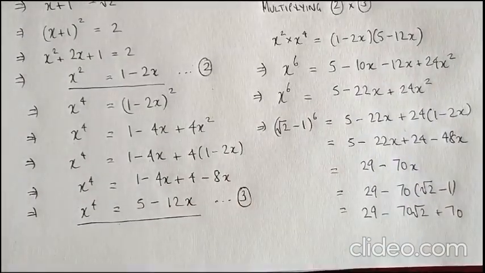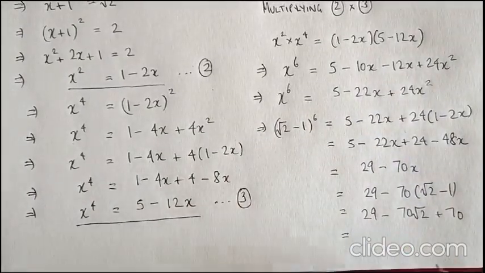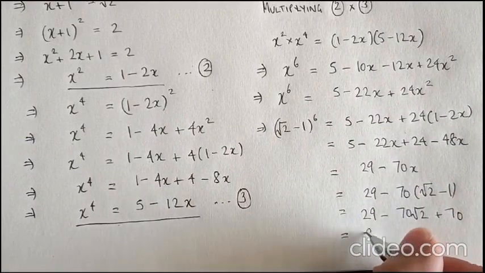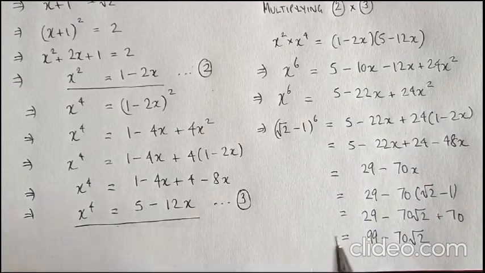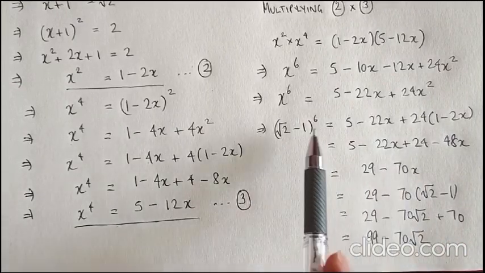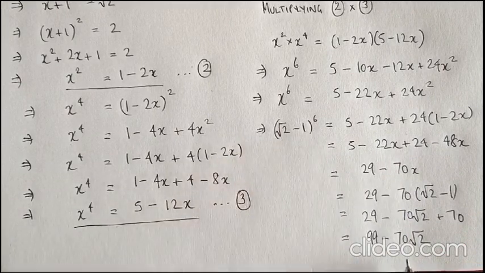So what is our final answer? Our final answer is 99 minus 70 into root 2. So this is our answer for root 2 minus 1 whole to the power of 6.